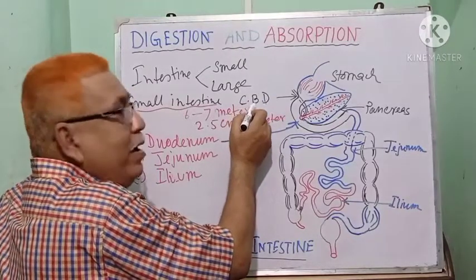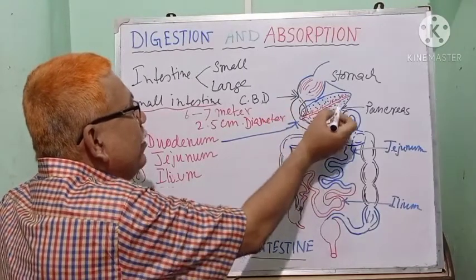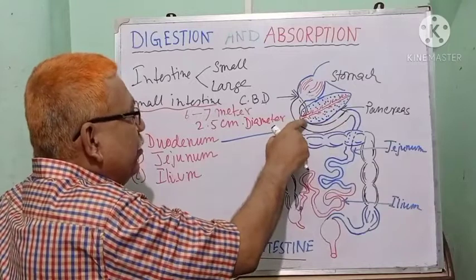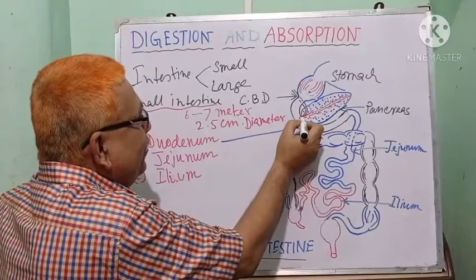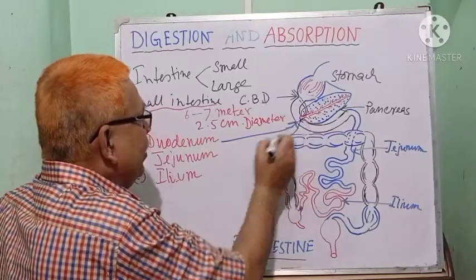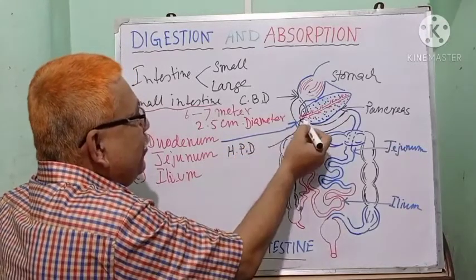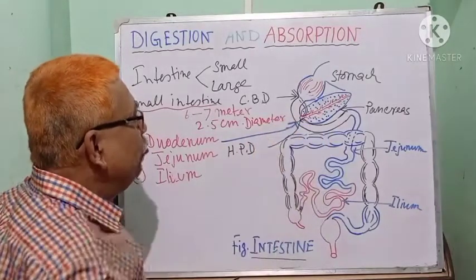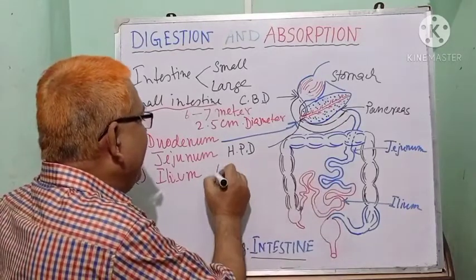This common bile duct and pancreatic duct unite to form hepatopancreatic duct, and this hepatopancreatic duct opens into the duodenum through ampulla of Vater.